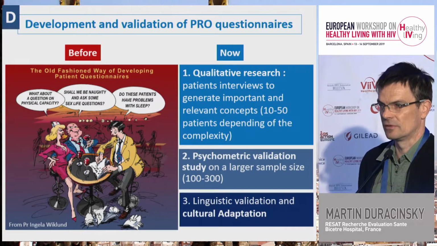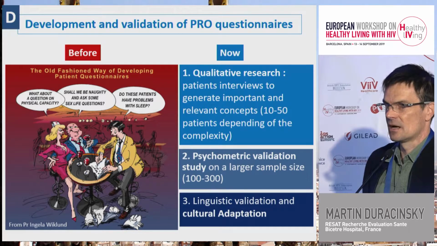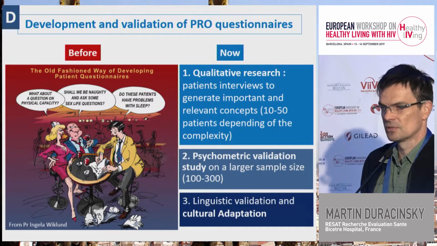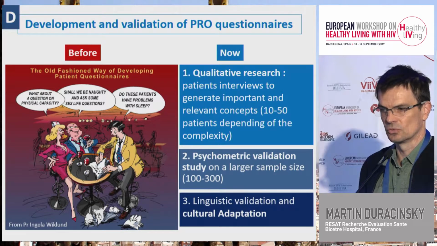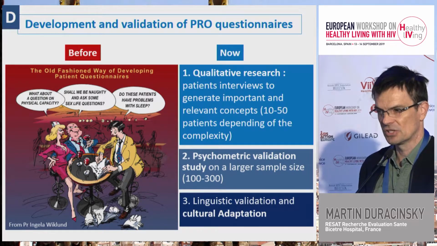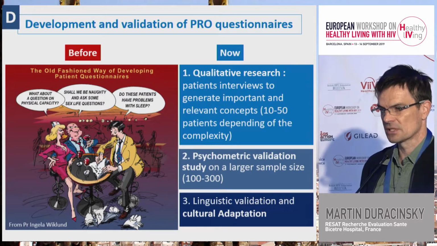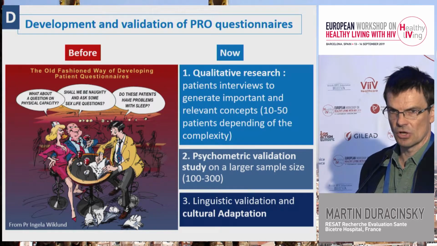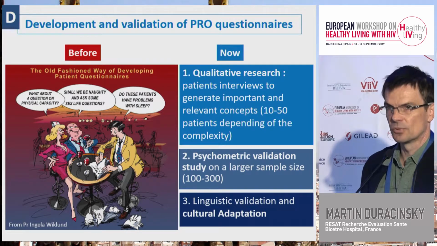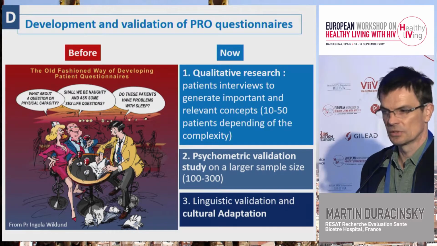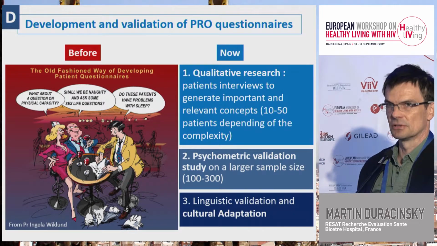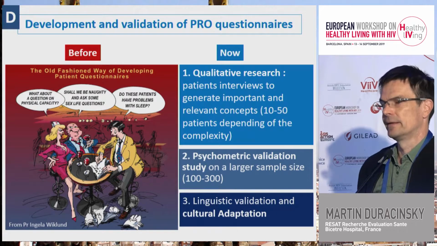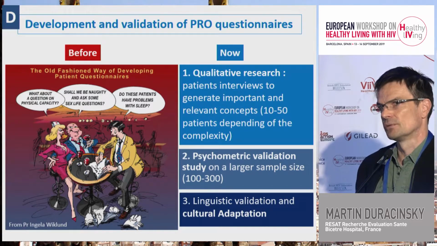Now you really have several guidelines on how to validate the questionnaire, and you have to do some qualitative research to make patient interviews, to raise relevant concepts to put in your new questionnaire, and psychometric validation. And of course, simple translation of the questionnaire by the clinician will probably not be enough, and you will need linguistic validation, at least like forward backward translation, and also what we call cognitive debriefing.